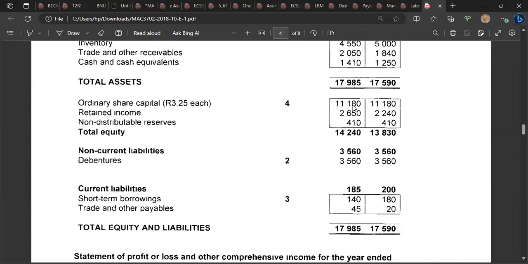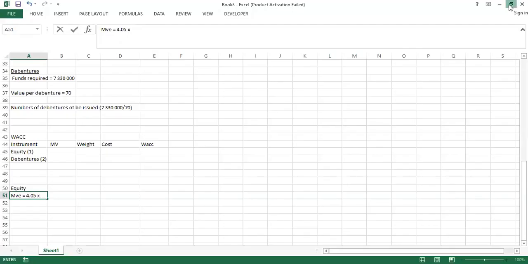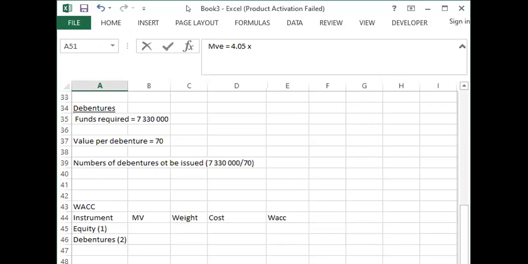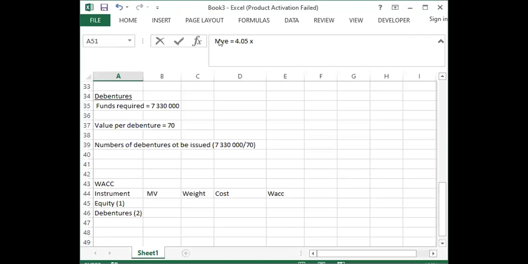And if the book value is 11,180 and the original issue price is 3.25, if we divide those two, we will get an idea of the number of shares that are outstanding at the moment. So let's do that. If you want, you can have a separate line there where you show the calculation of the number of shares, right?